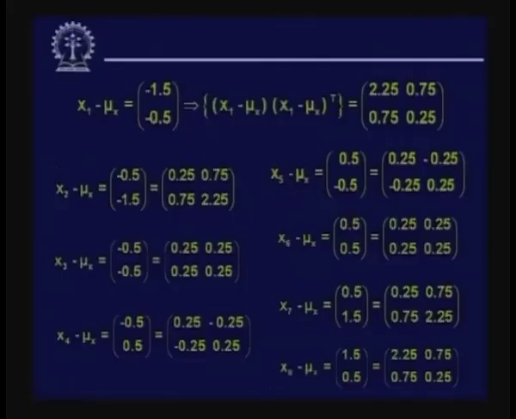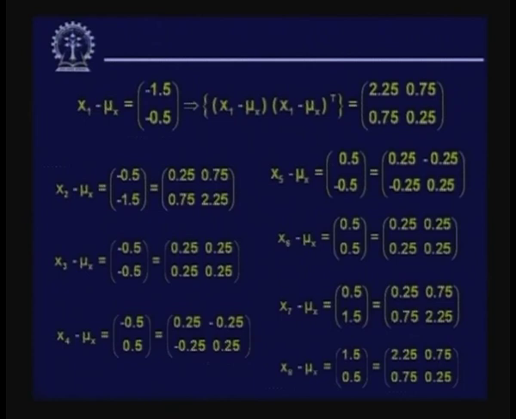So, here for the first vector x1, we can find out x1 minus mu x as, you find that x1 is nothing but the vector 3, 4. So, x1 minus mu x will be equal to minus 1.5 and minus 0.5.